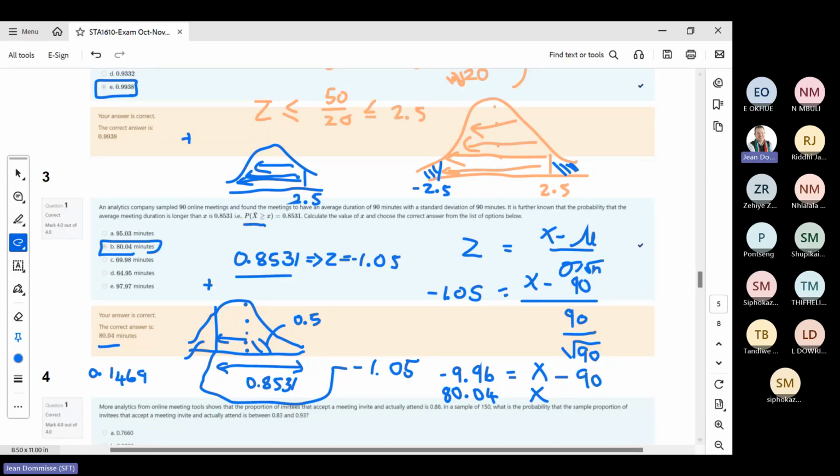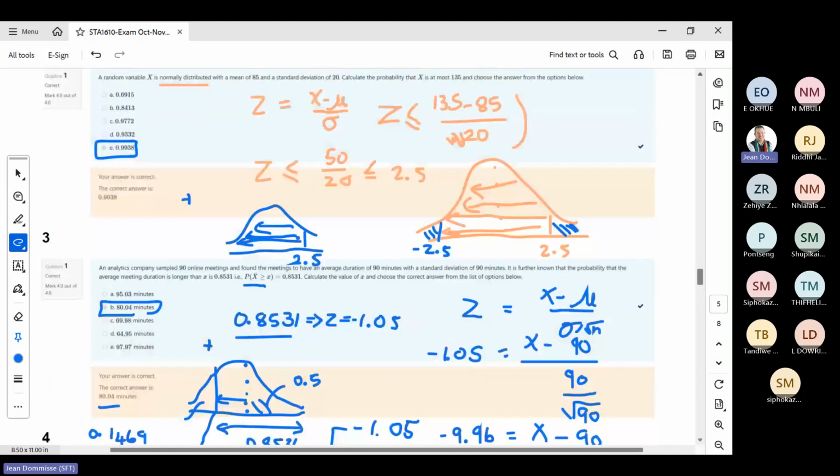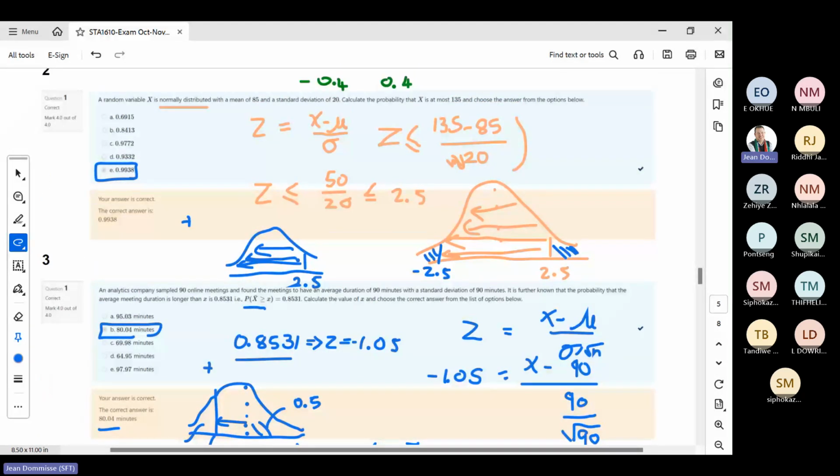I think in the 2024 paper there was also a question like this. What sometimes differs is here they gave us the sample information, but they could have given it to us in this format where we also needed to work out the x.